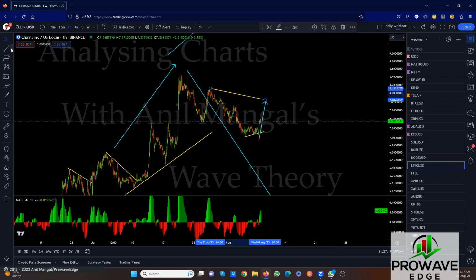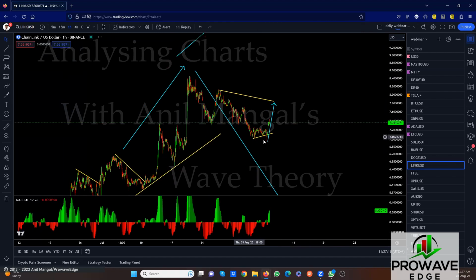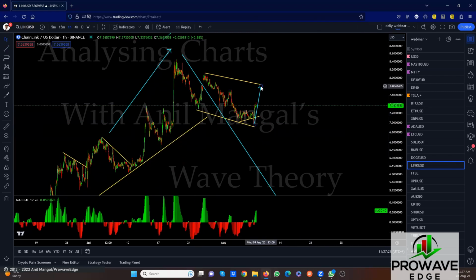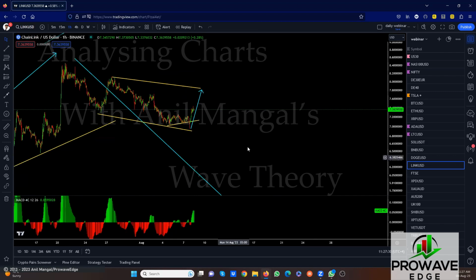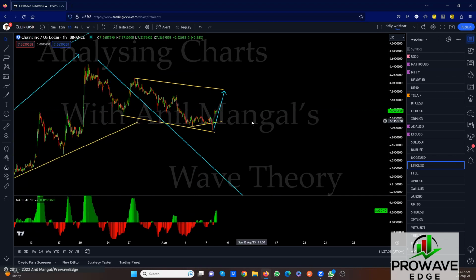So we could be looking at a possible pattern like this. From there, one more down, you could get a buy setup. Look for a flag, buy it.